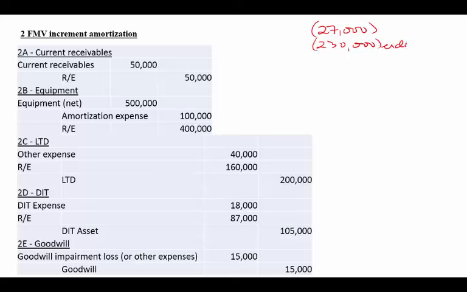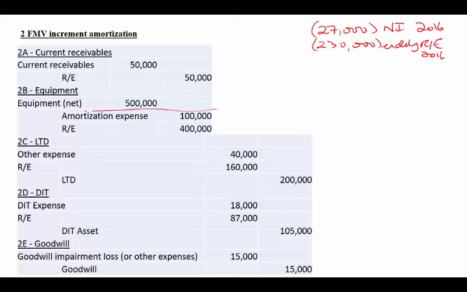So that was ending retained earnings and net income in the current year. First, let's look at anything that has impacted the current year net income. So I'm looking for income statement accounts.